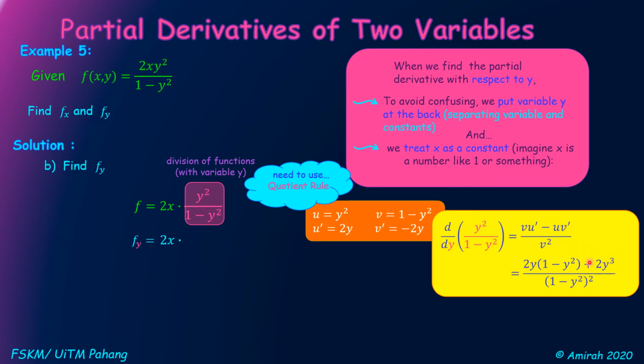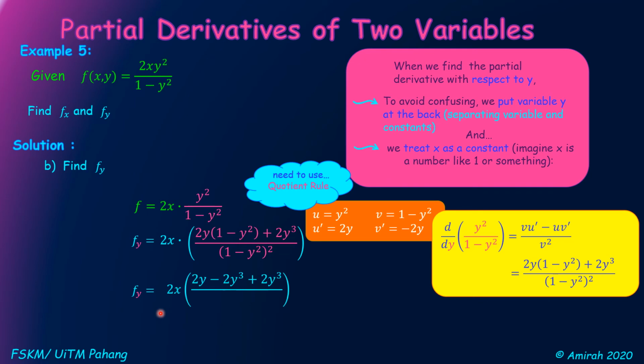The sign here is plus because minus multiplied by negative 2y gives plus. And then we substitute into here. So we get 2y times 1 minus y squared plus 2y cubed over v squared, meaning 1 minus y squared in brackets squared.